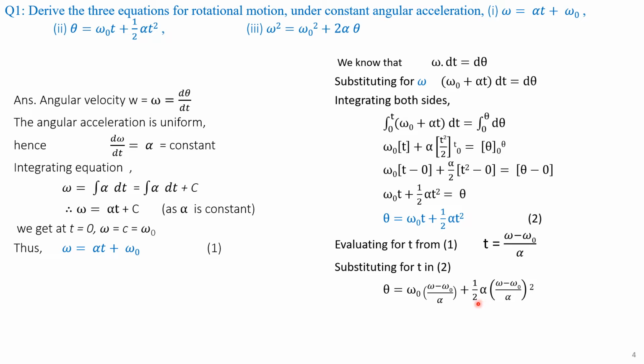Please write down these steps slowly. Rearranging, we get omega square minus omega naught square is equal to 2 alpha theta, or omega square is equal to omega naught square plus 2 alpha theta. Let it be equation 3. Hence, we have derived all three equations for rotational motion.